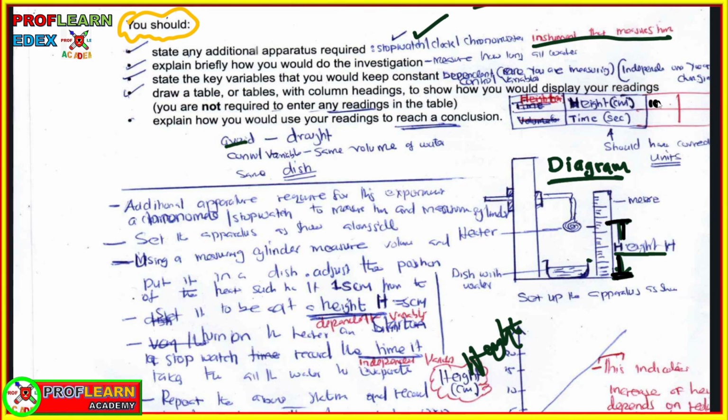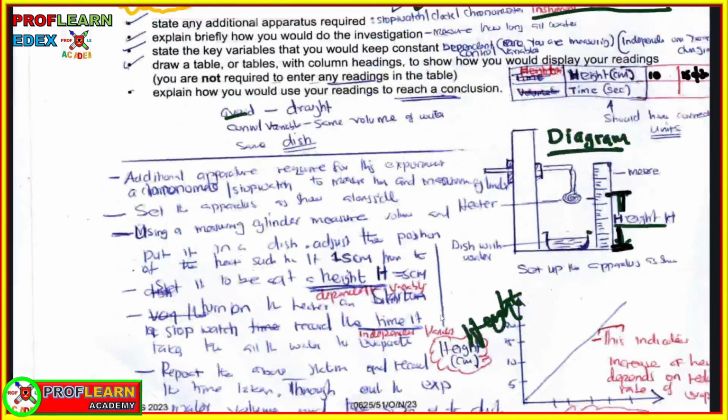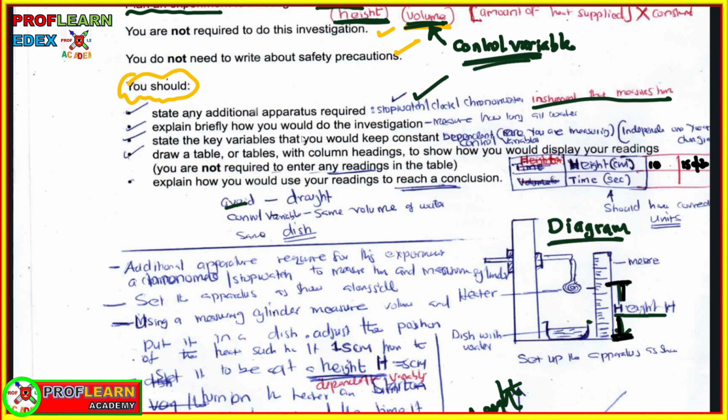Say, at a height of 10 centimeters, at 15 centimeters, at 20 centimeters, I time how long it takes this water to evaporate at 10, at 15, and at 20. At that point, you also need to mention the key variables that you will keep constant. These are the control variables, those that can affect the experiment.